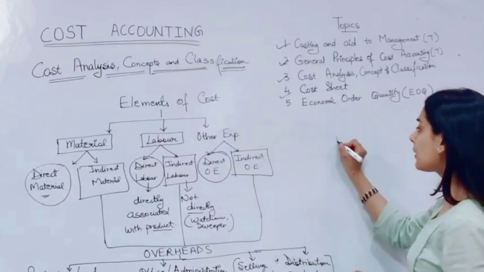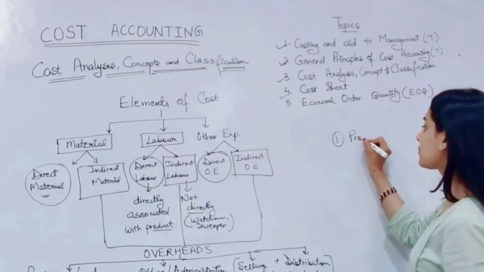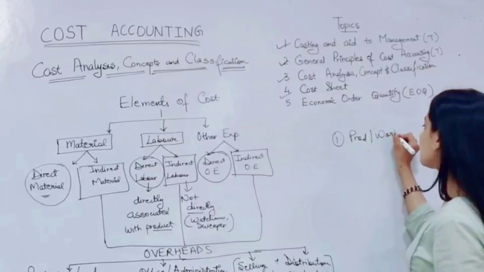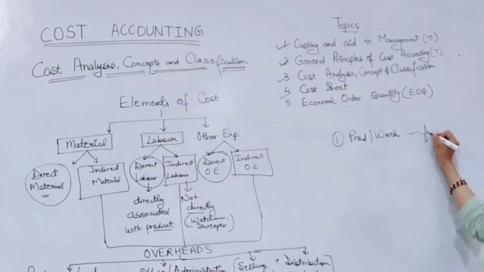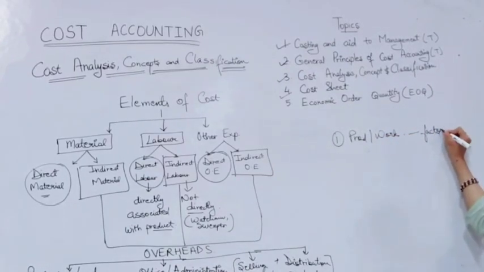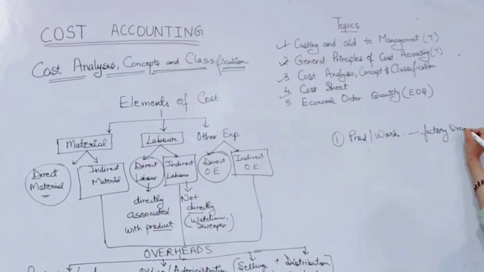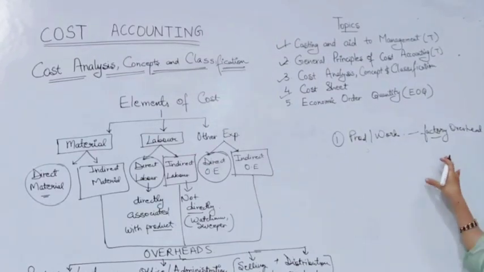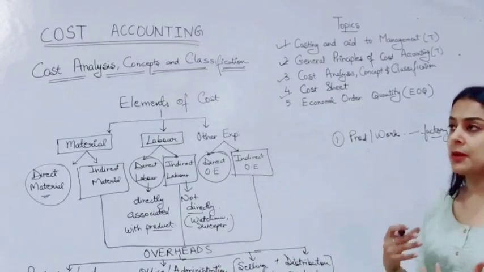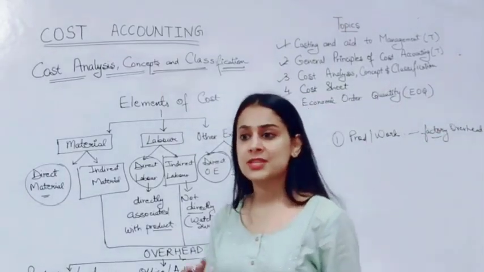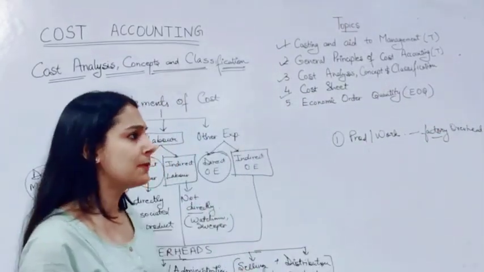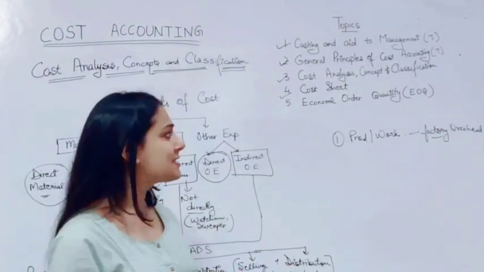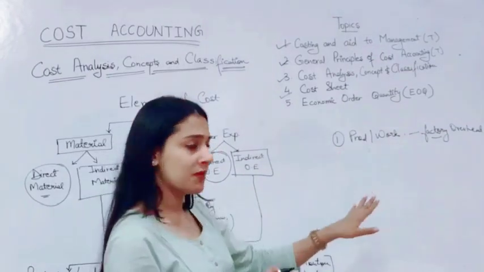If we are talking about number one, that is production or works overheads, this is also known as the factory overhead. This factory overhead covers all the expenses which we are incurring in the factory, such as the factory rent, taxes, or maybe the factory lighting. All those expenses are a part of factory overheads.